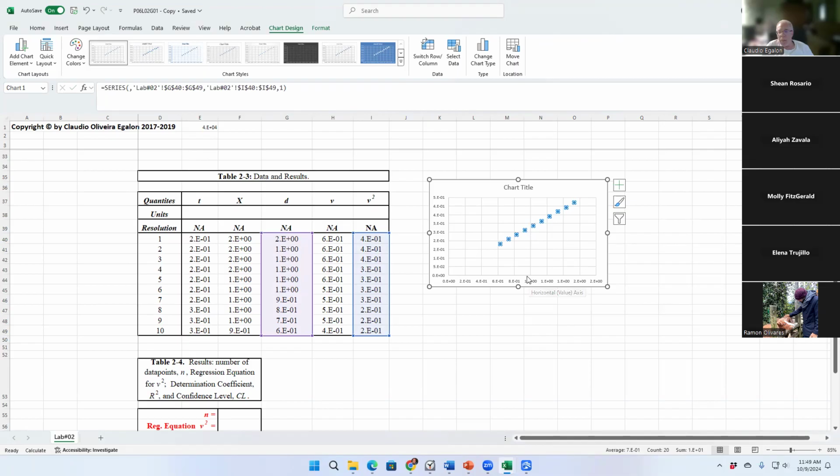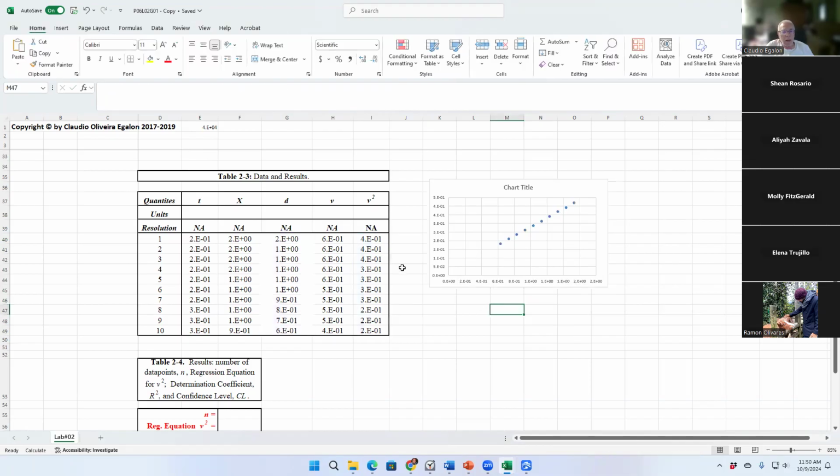Everything lined up well. But every time I try to grab both, it won't let me. Okay, you mean every time you try to grab both of the columns? Do you have a Mac or a PC? Mac. Okay, so what you're going to do is the following.